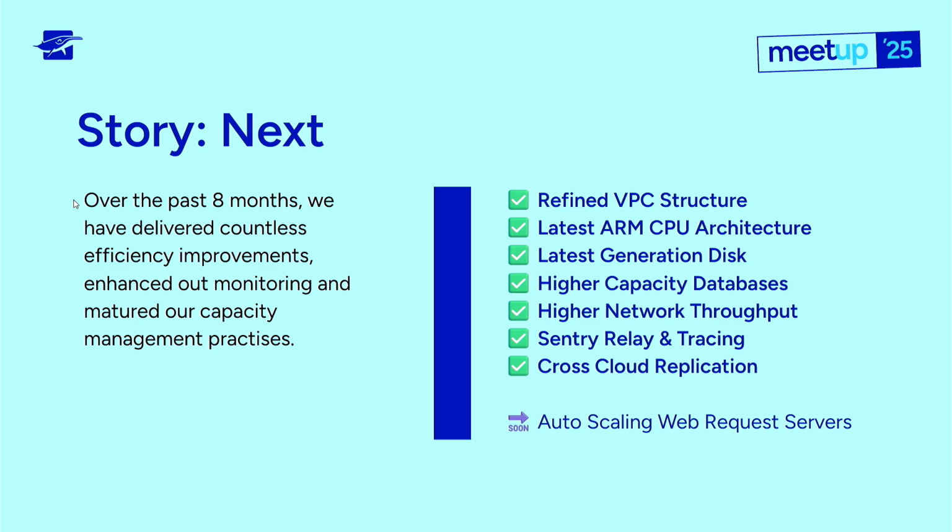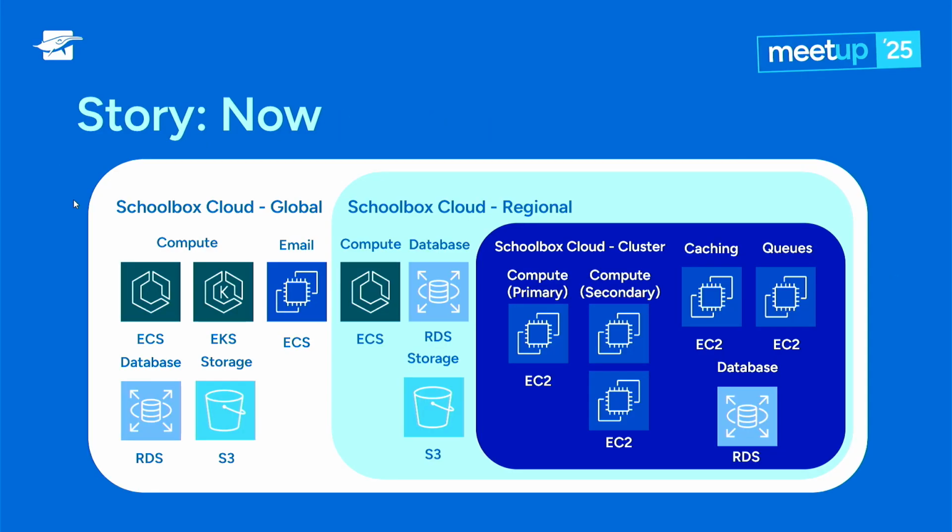The final thing that we want to implement and that we're currently working on and hoping to roll out over the next month or two is auto-scaling web request servers. So you might recall in my slide a couple back that we have multiple of these secondary compute servers. These are the servers that process the end user requests. So in my chart that showed how many requests per second we were receiving, these were the servers that were having to be scaled up to handle that load.